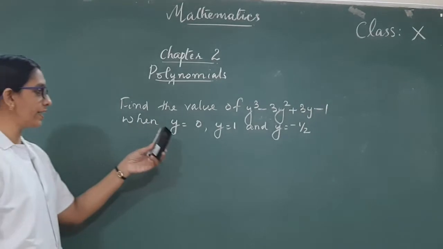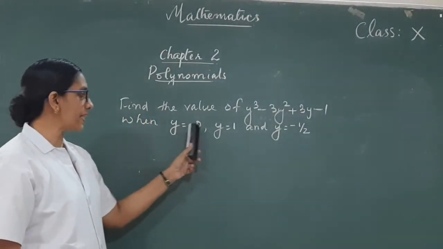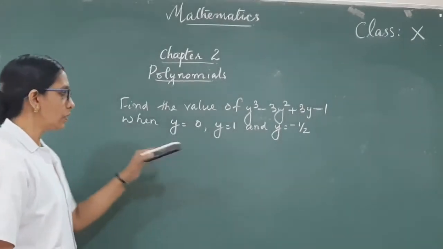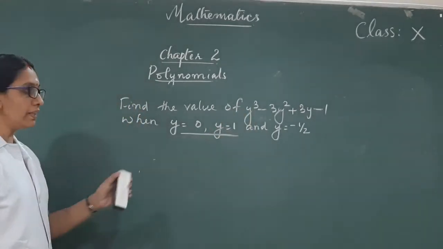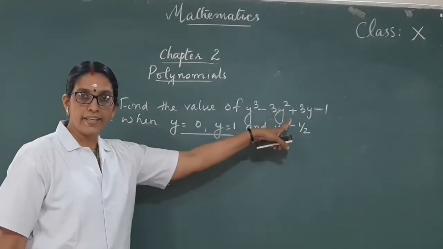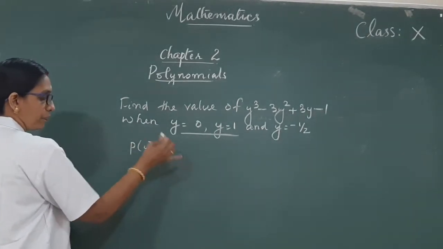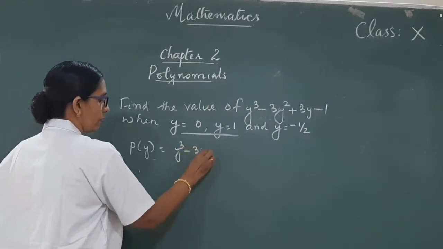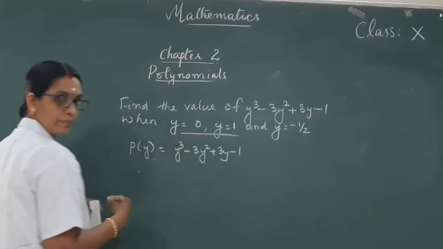We have to find out the value of this polynomial for these three values of the variable. So let's start. First we can give the name for the polynomial. The polynomial is in y, so we can give it as p of y or q of y. It is y cube minus 3y square plus 3y minus 1.